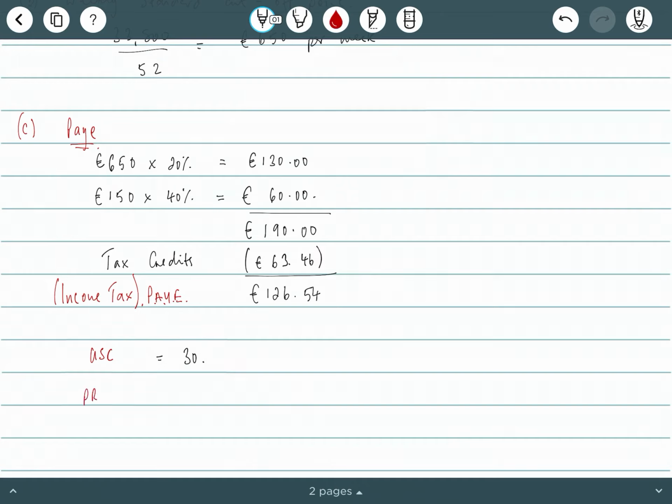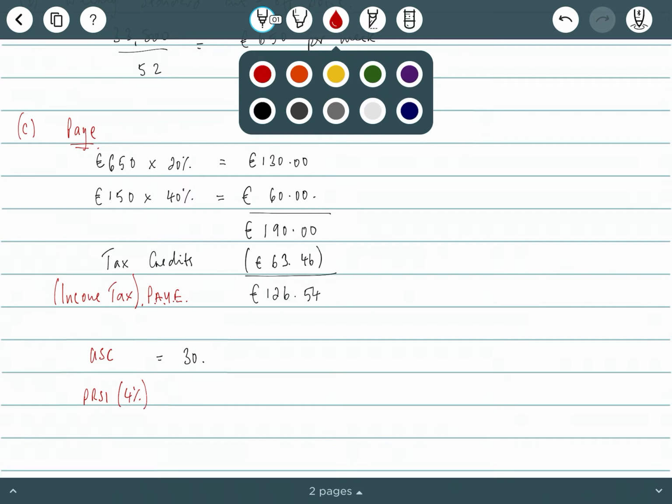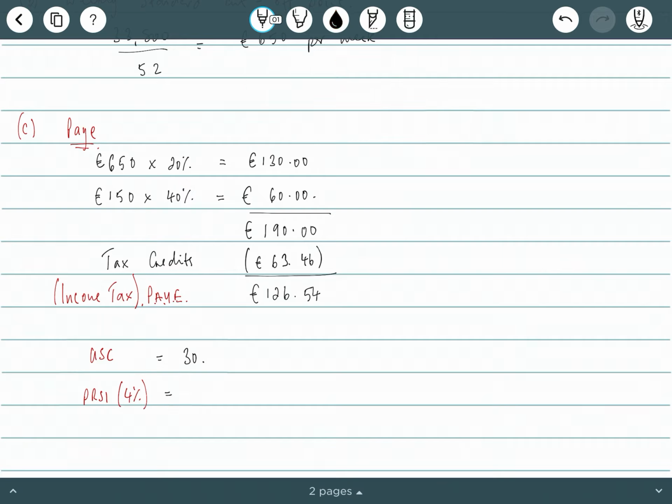The PRSI we're told is 4% of her gross. Her gross wage is her wage before deductions, which is 800. So it's 800 by 4%, which gives us €32, lads.